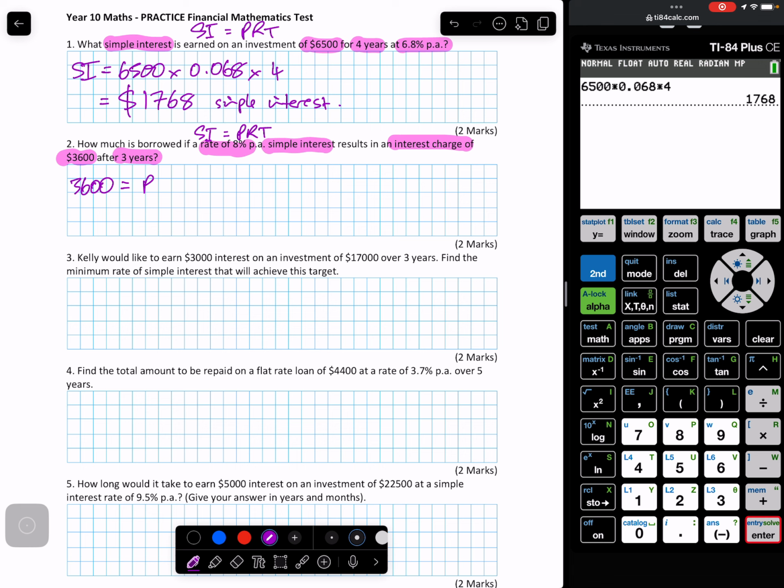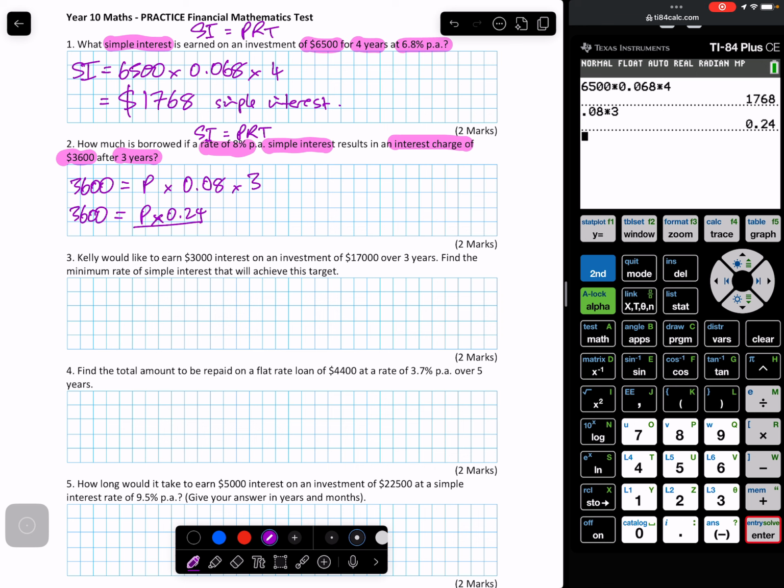We don't know what the principal was, what was borrowed. We know the interest rate was 8%, so 0.08. And we know it was for 3 years. So work out what you can on the right-hand side, which is 0.08 times by 3, 0.24.